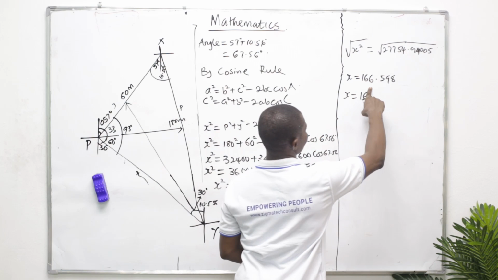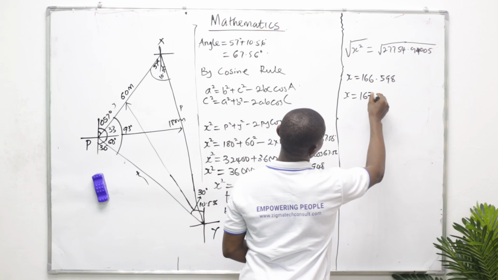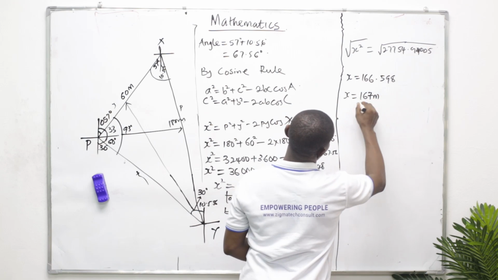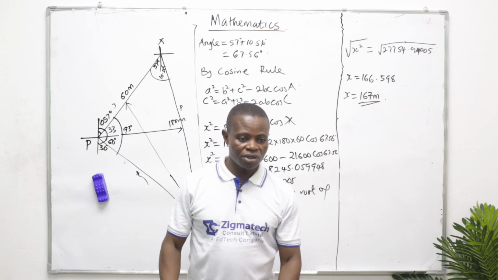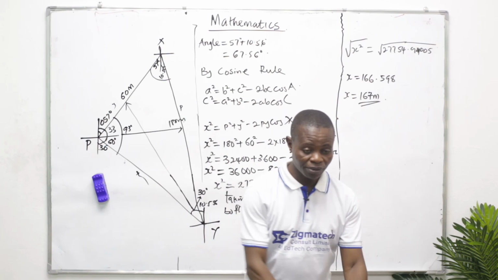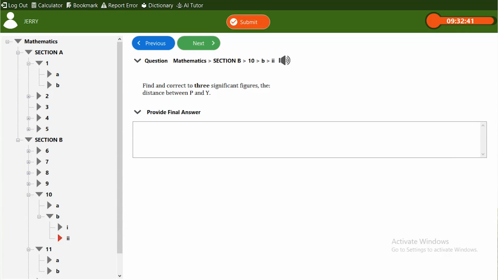It becomes what? 167 meters. This is the end of question number 10. The distance between P and Y simply is what? 167 meters. Let's go to the next question.